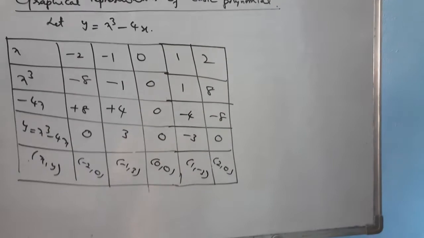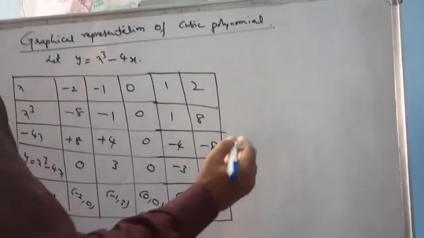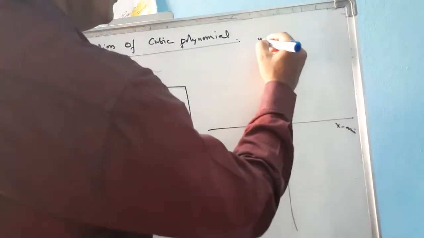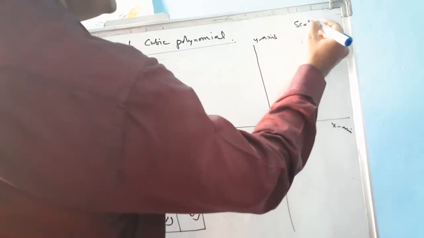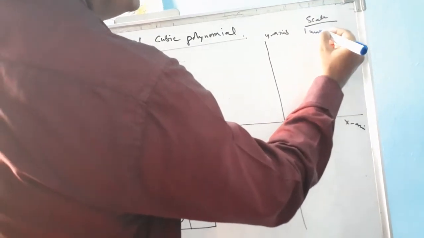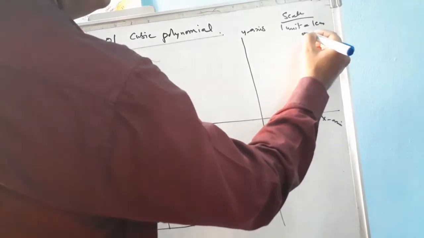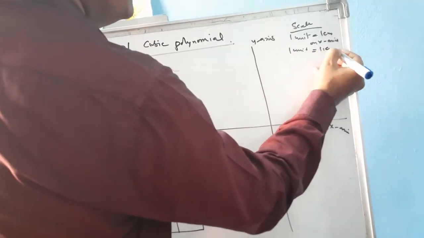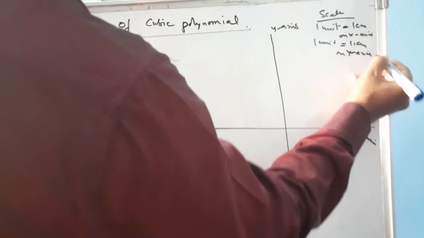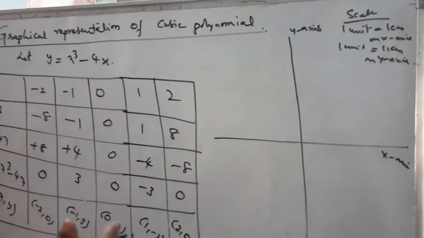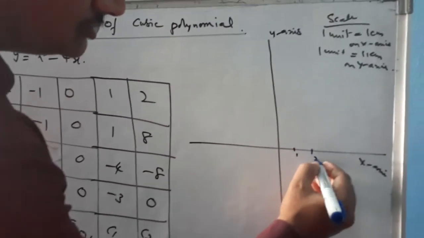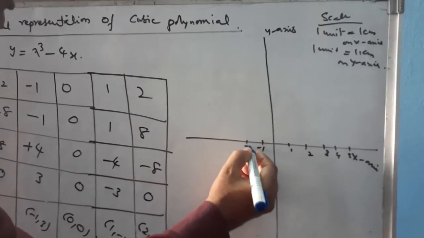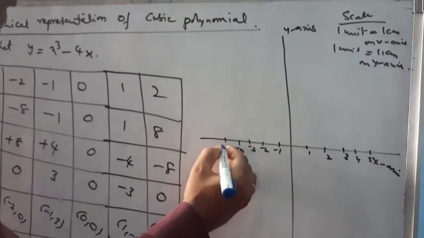Now we plot these points on the graph paper. I am taking one horizontal line and one vertical line: this is the x-axis, this is the y-axis. Now we have to take the scale. The scale is 1 unit equal to 1 centimeter on the x-axis and 1 unit equal to 1 centimeter on the y-axis. On the x-axis I take 1, 2, 3, 4, 5 and minus 1, minus 2, minus 3, minus 4, minus 5.